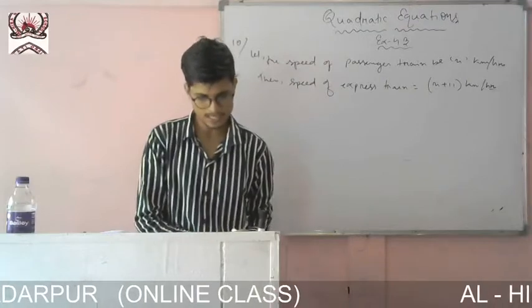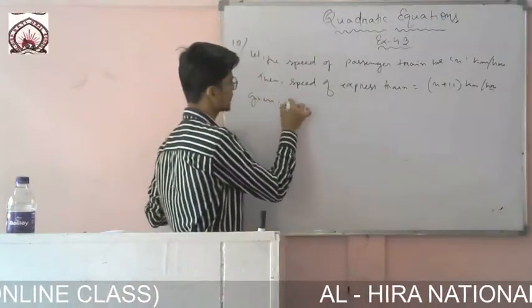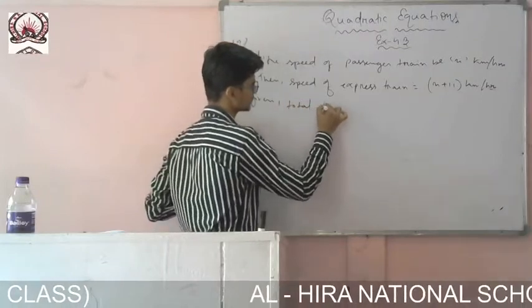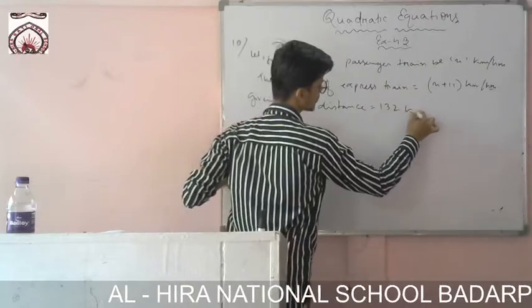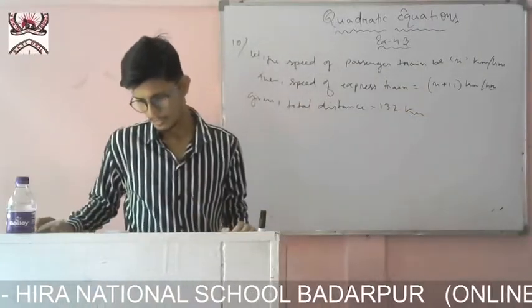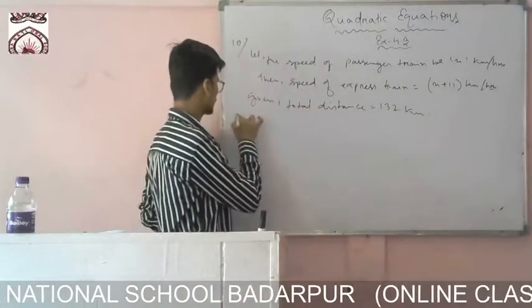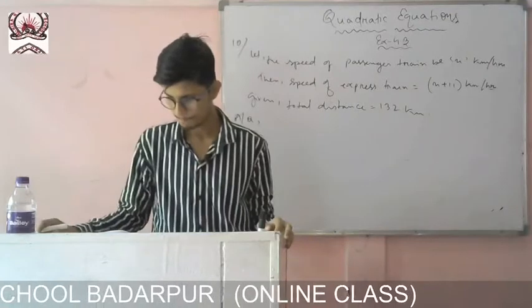So total distance, how much is given? 132 given. Total distance equals 132 kilometer. So now according to the question, let me write it.